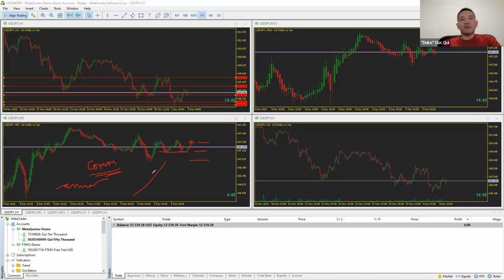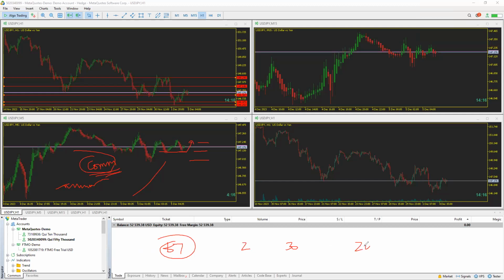So that was a huge aha moment for me, because for once I actually prefer to be light, and then get more pips per trade. More pips per trade to reduce the commission costs. I have a hefty $7 commission. So for 2 pips, yes, I made $30, but I paid $7, so I only made $20.